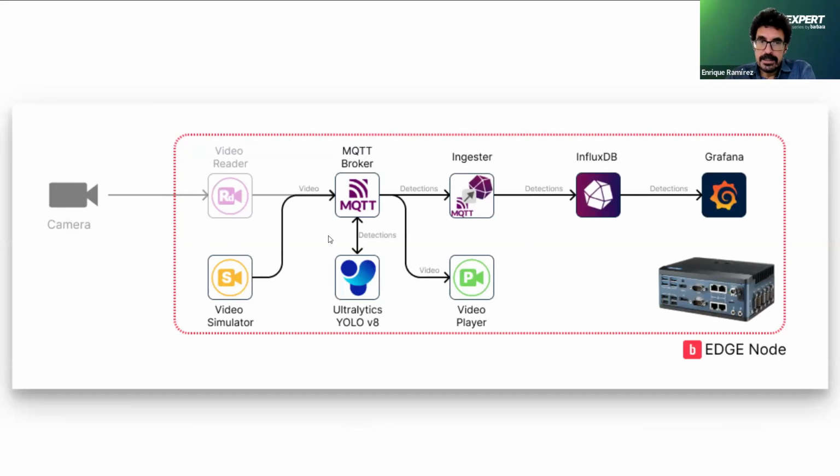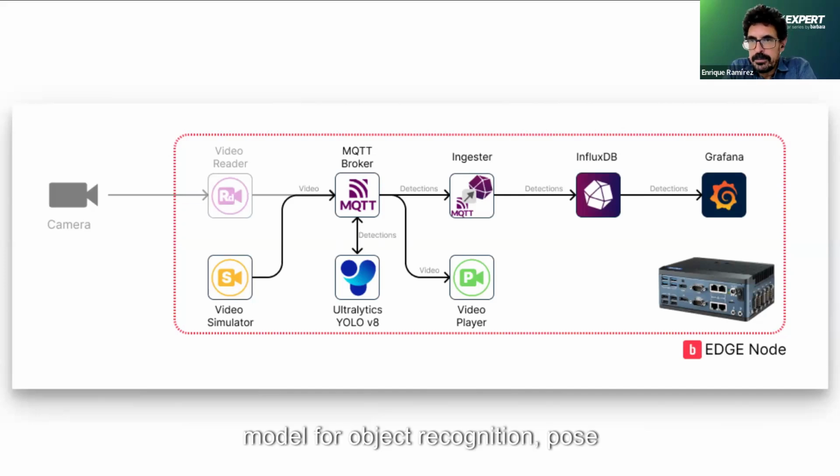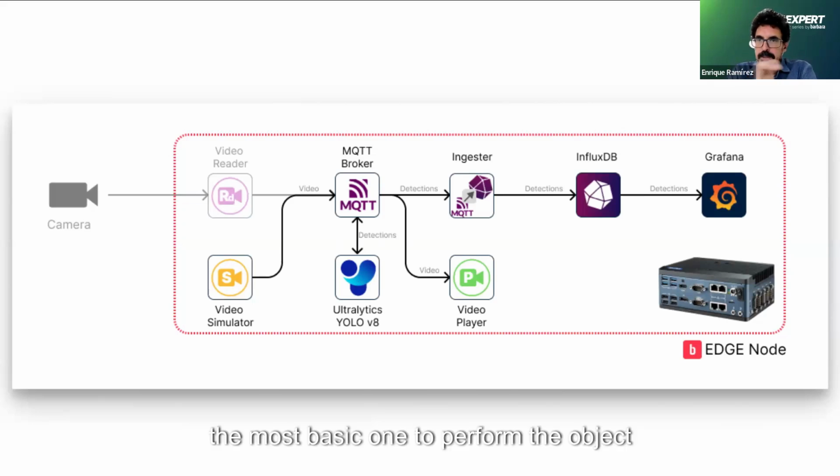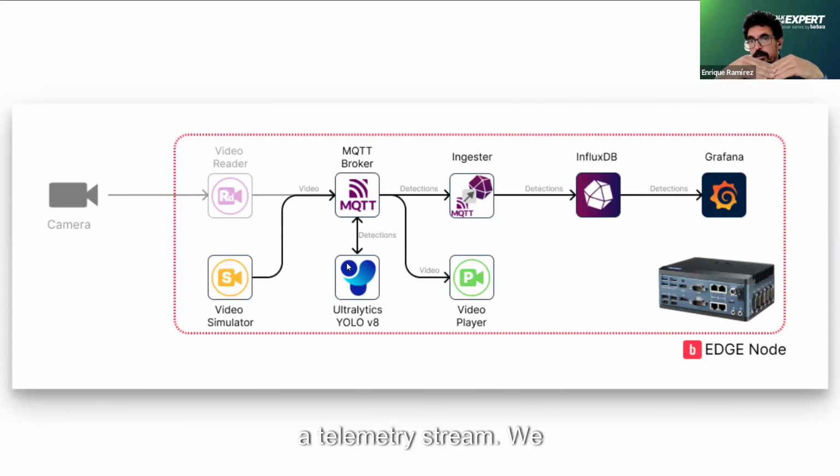And we will connect the Ultralytics application available in our marketplace, which contains several models for object recognition, pose recognition, image segmentation, different kinds of AI models. We will select the most basic one to perform the object detection. This application generates a video stream that we will visualize here, and also generates a telemetry stream.